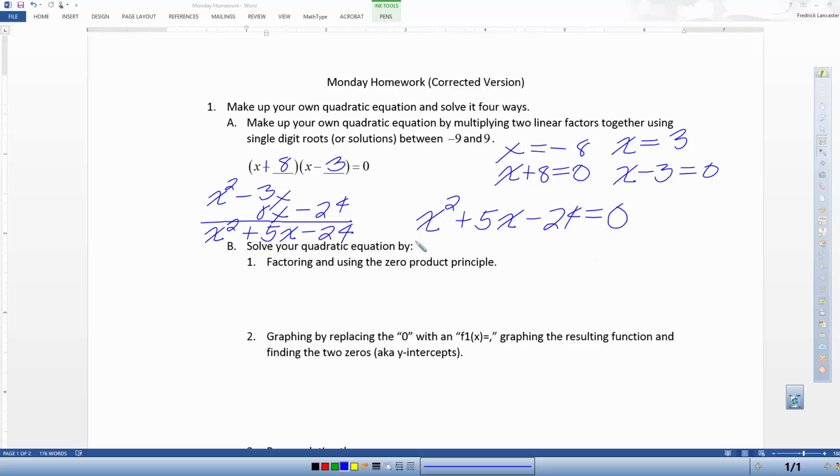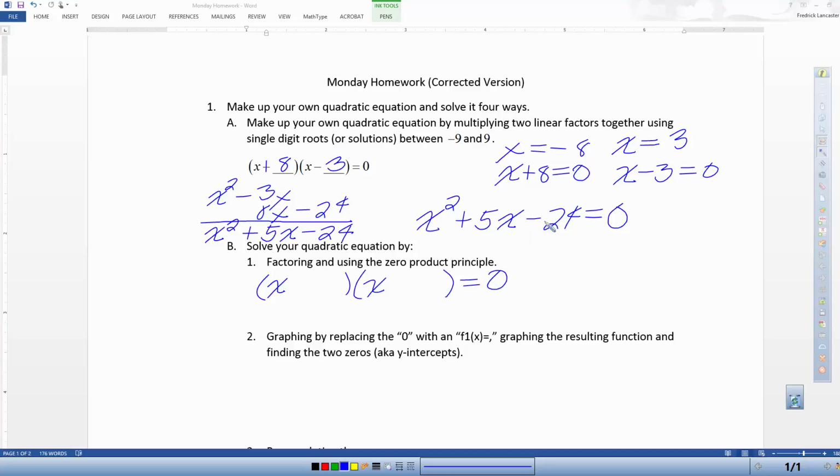So the first thing is I'm going to go back and solve this by factoring and using the zero product principle. So the first thing I do is look at the sign on the constant term. So I know to get an x squared, I need an x times an x.